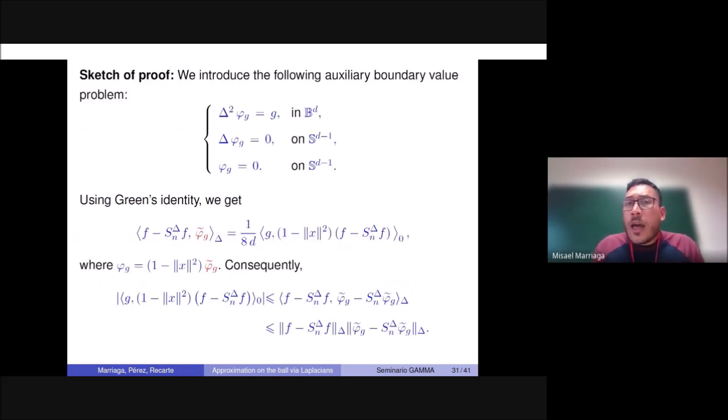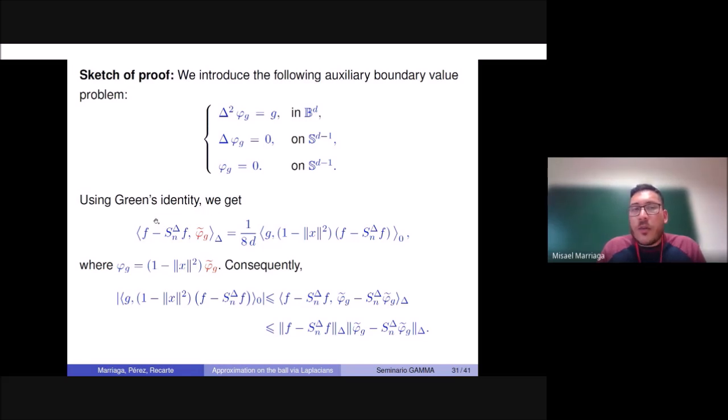In order to do that, I will introduce the following auxiliary boundary value problem, which has a unique solution for every G in L2. This boundary value problem comes from the fact that I want to bound the previous supremum.